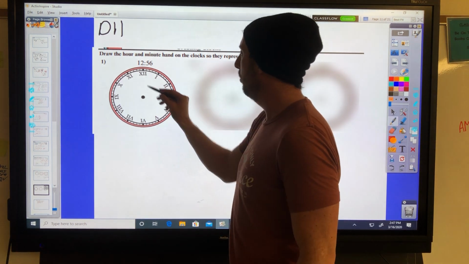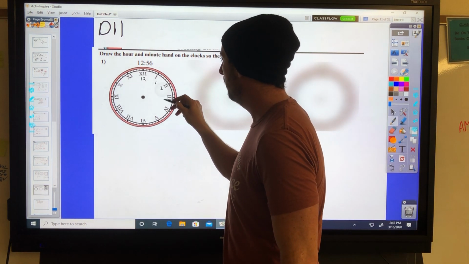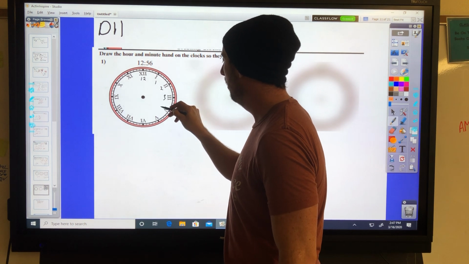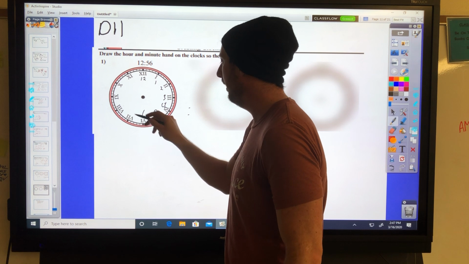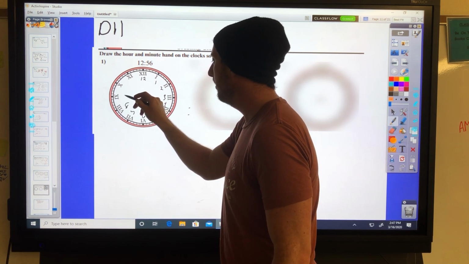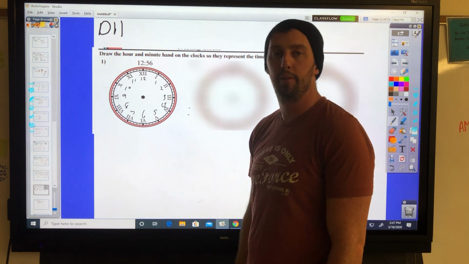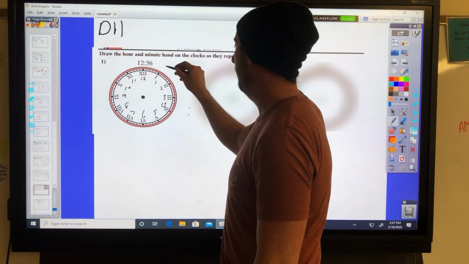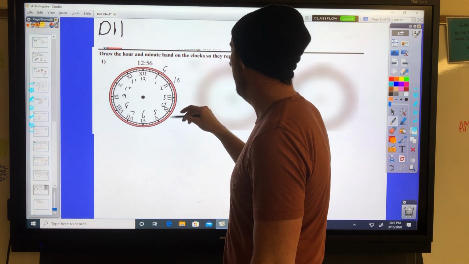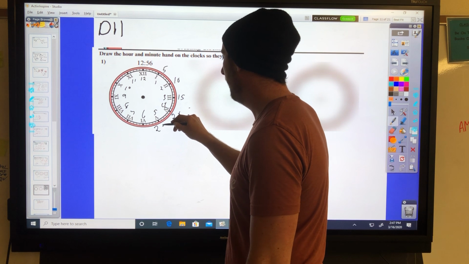12:56. I know that the 12 goes right here. If I was to draw the arrows, this is 1, 2, 3, 4, 5, hour 6, 7, 8, 9, 10, 11, and then back to 12. Our minutes go by 5s. So this is on the outside, 5, 10, 15, 20, 25.